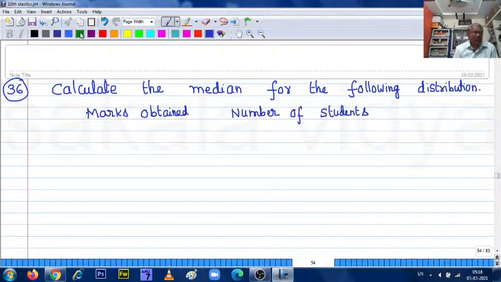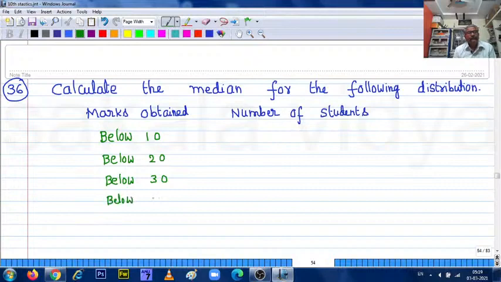See, here marks obtained is below 10, below 20, below 30, below 40, below 50, below 60.